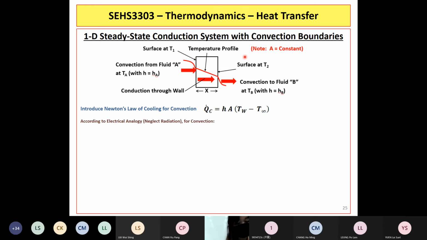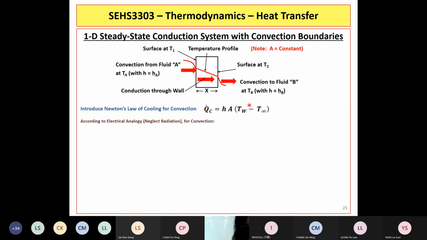So first thing, we need to introduce Newton's law of cooling for convection. That is the equation in the last slide. Q_C, the convection heat transfer, equals h, the heat transfer coefficient, times the area, times the difference of temperature.